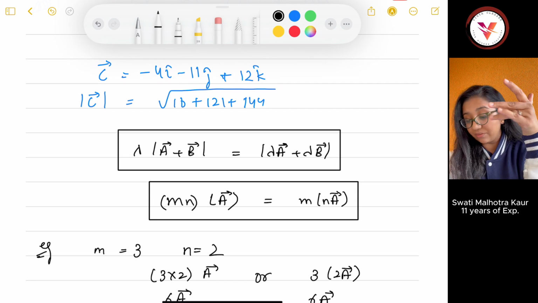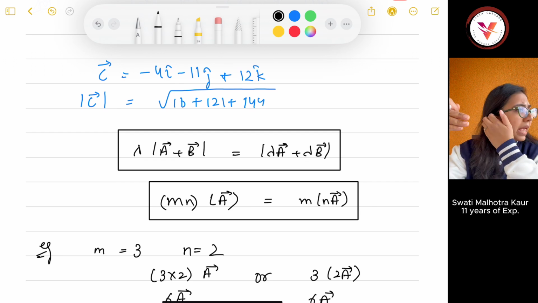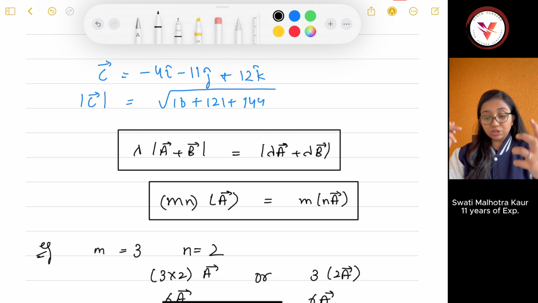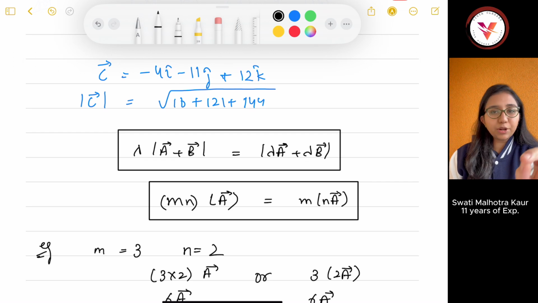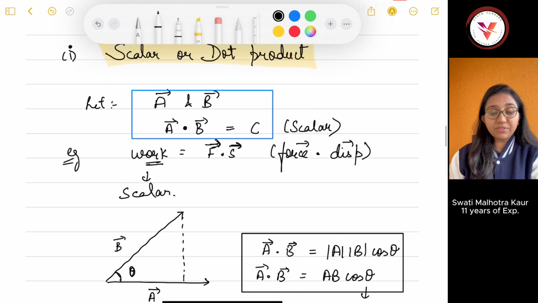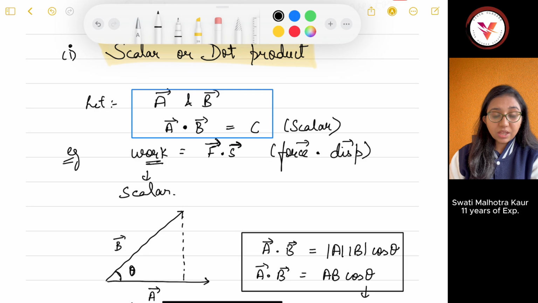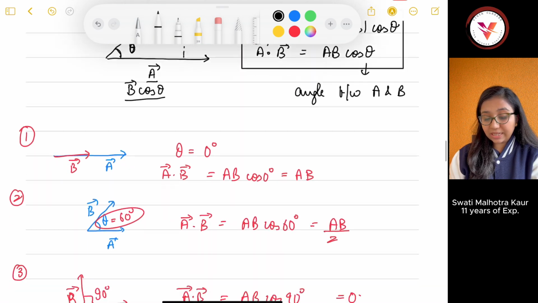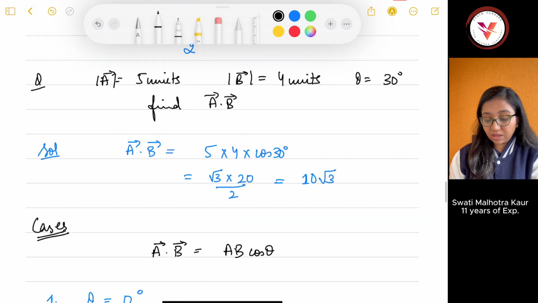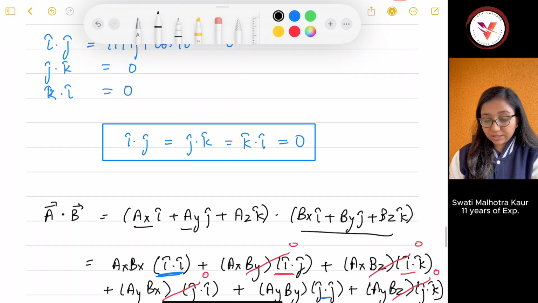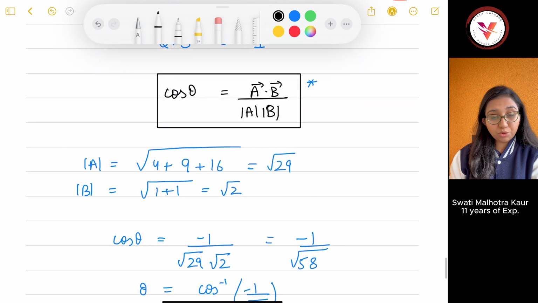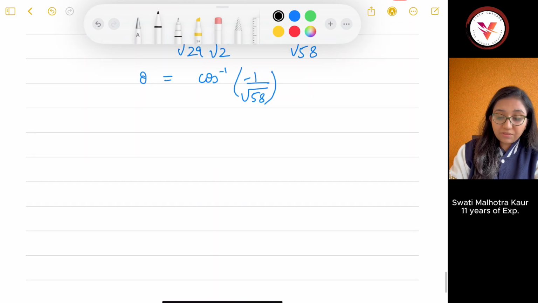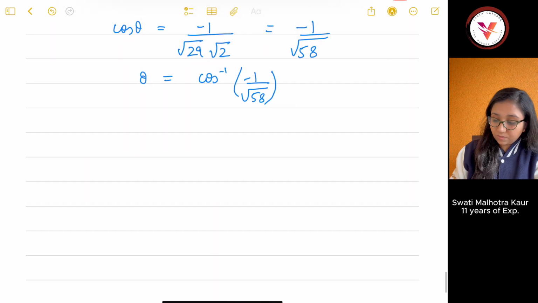That is the scalar product or dot product, because of the symbol dot, and we learned that a dot b is ab cos theta, and as components it can be solved as ax bx plus ay by plus az bz, and we defined the formula of cos theta as a dot b upon magnitude of a magnitude of b.